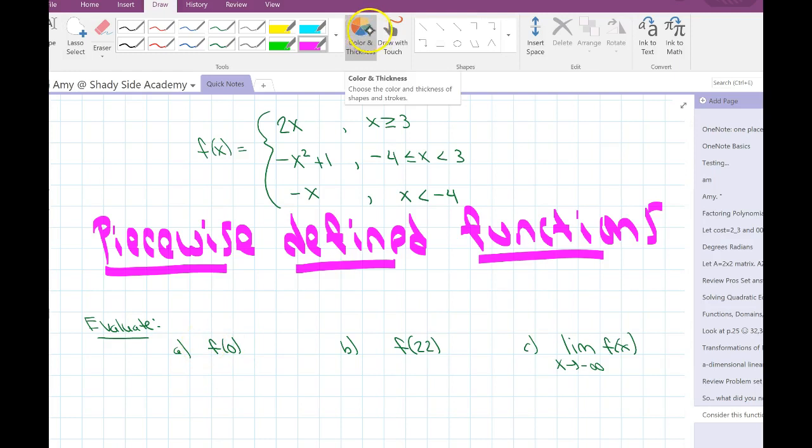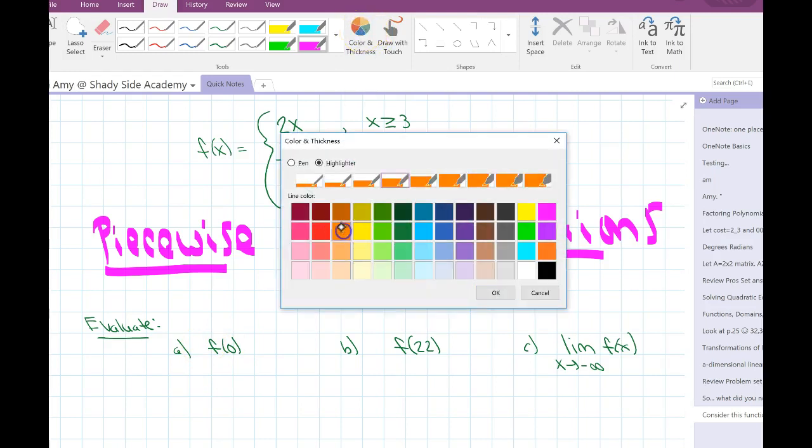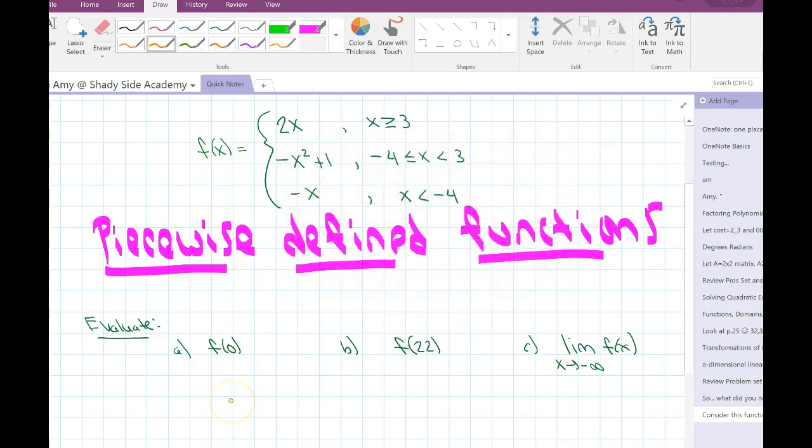F of 0 is asking me, when x equals 0, what will y equal? Well, when x equals 0, which piece of the function is relevant? X equals 0 is within this domain. So I am looking at this piece of the function. When x equals 0, y equals 1, or f of 0 equals 1.